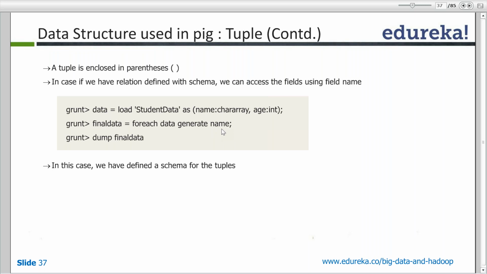So when you're using a structured file, always try to assign a schema. It will simplify your life, because in the succeeding statements, you won't have to keep in mind the position of that particular field. If you assign the schema in the first statement itself, it becomes very simple to use it in the succeeding statements.